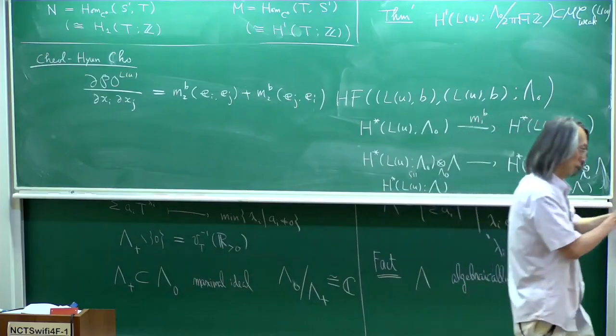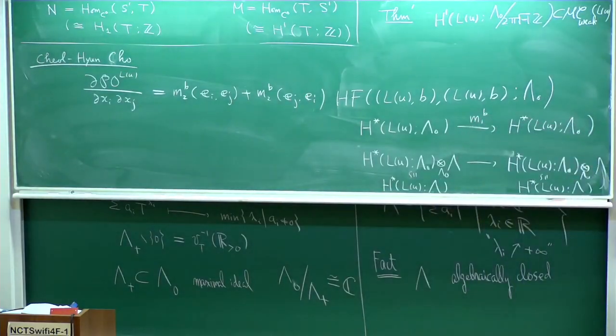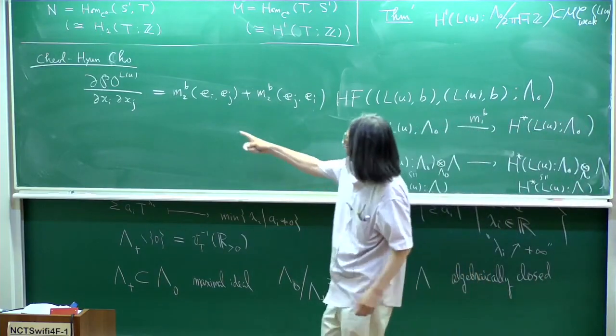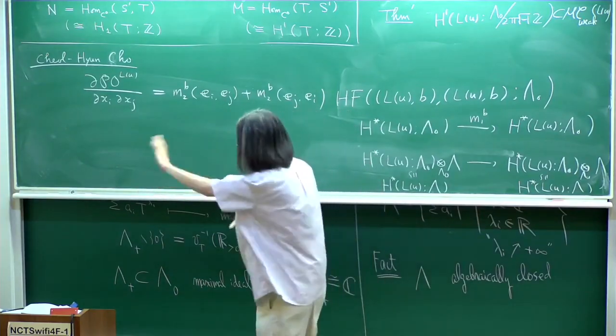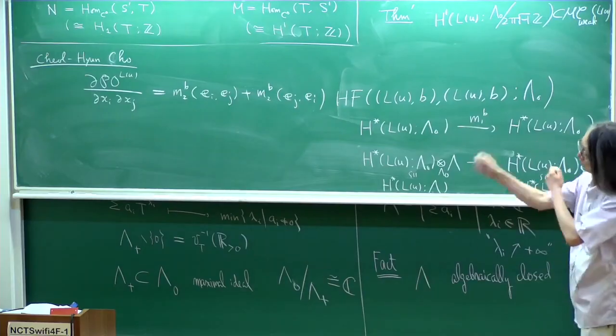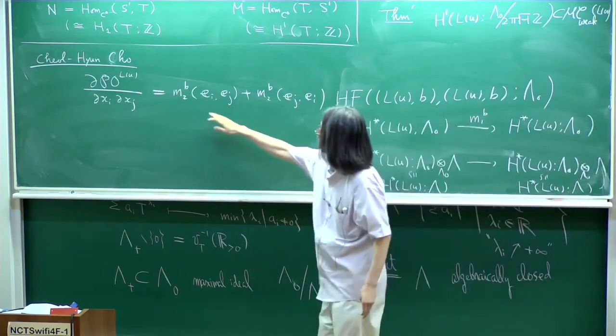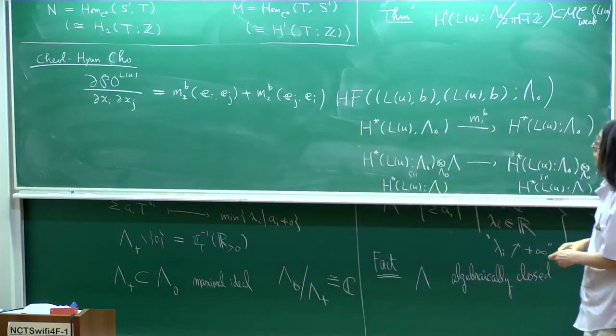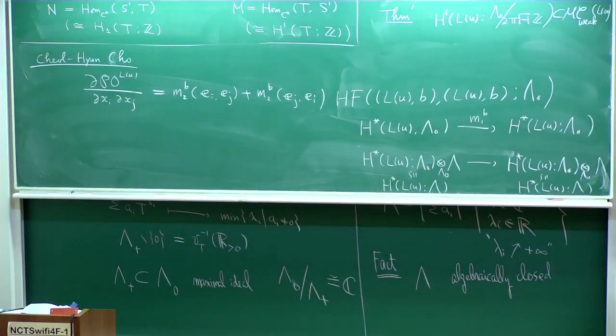You write down this potential function as a sum of all mk, b tensor k, and then differentiate in xi, then xj. You differentiate in two places: first maybe xi in the left of EJ, or maybe you differentiate EI, which is the right of the other thing.